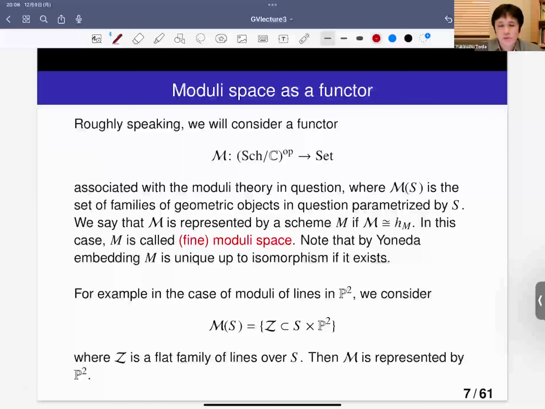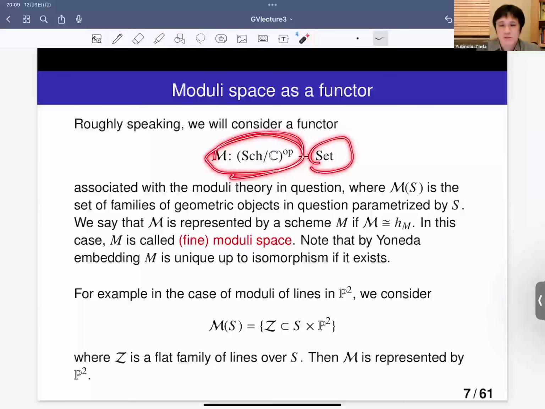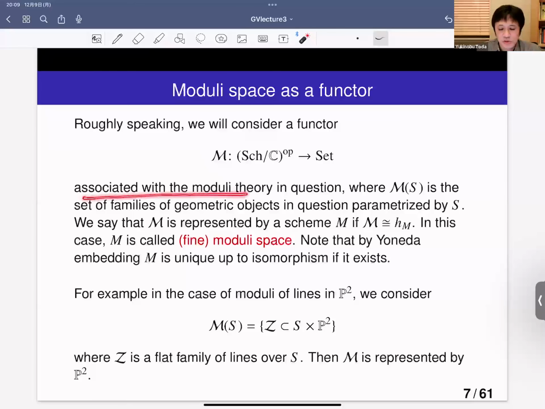So from this point of view, when considering a moduli space, we usually consider a functor from the opposite category of the category of schemes to the category of sets, associated with the moduli theory in question.